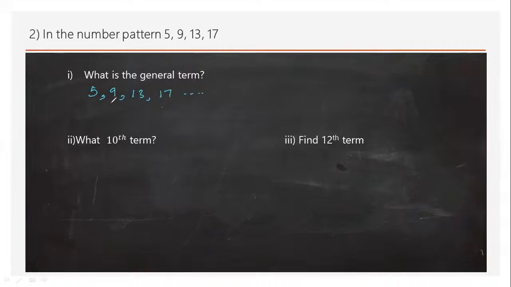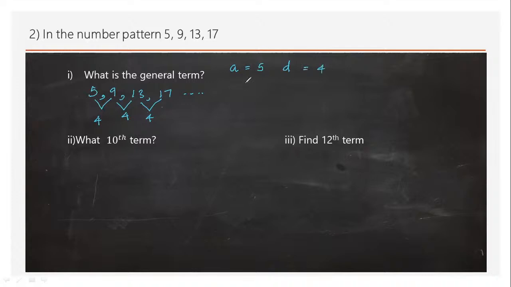First of all, you have to find the common difference. From 9 subtract 5, the previous term subtracted from the next term, that is 4. 13 subtract 9 is also 4. 17 subtract 13 is also 4. Then first term a equals 5, common difference d equals 4.